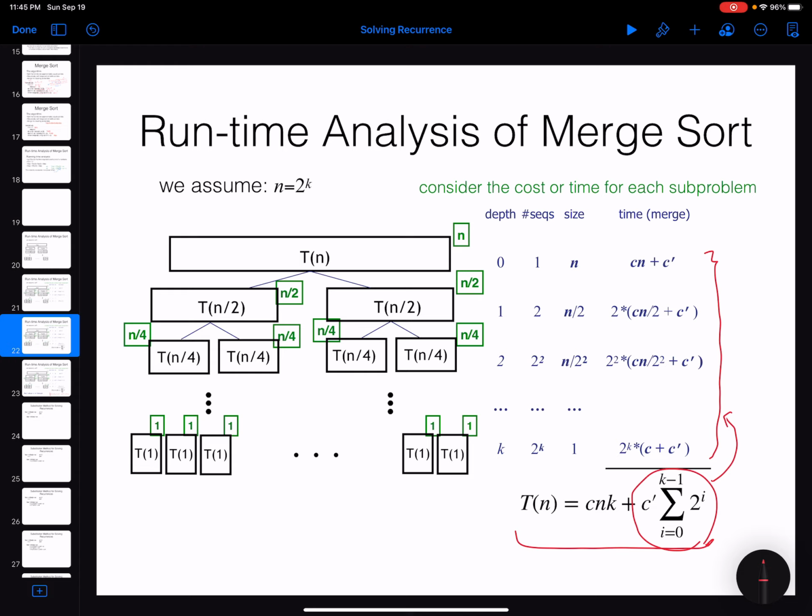We can see not just this term, but the whole term here. This Cn multiplied by k is going to be this part of it, and when you multiply that one into C prime, you are going to get this sigma part. Let me do a little bit of cleanup here.